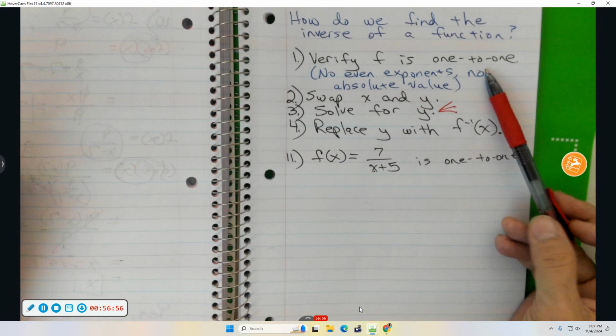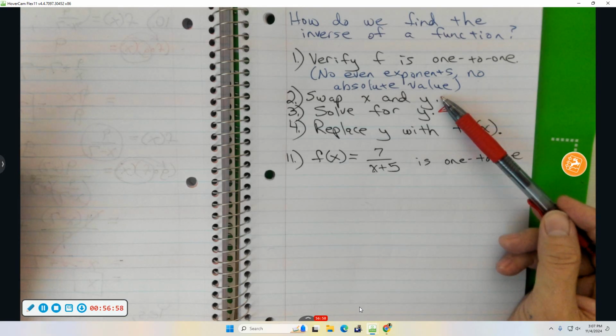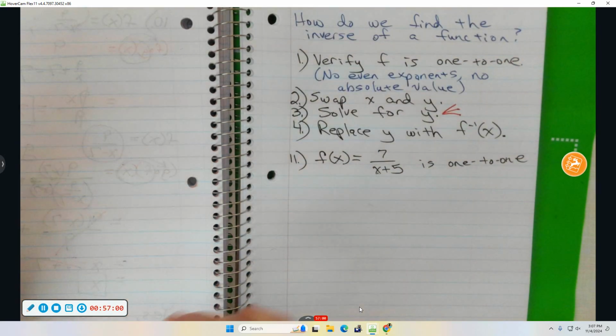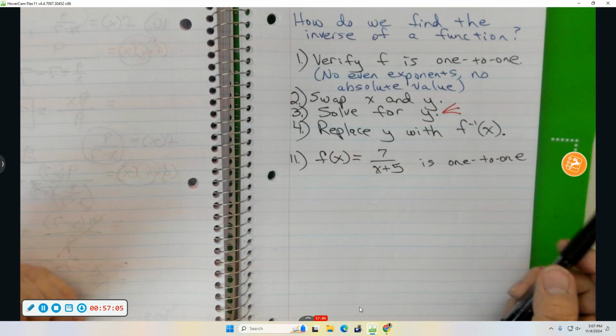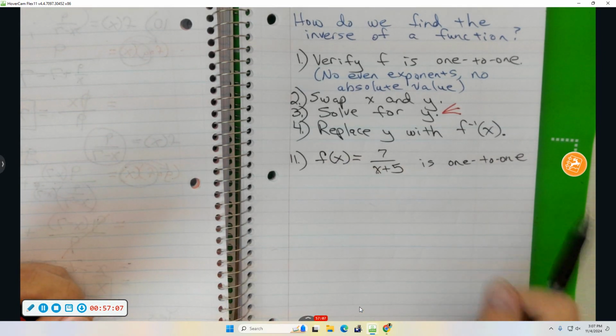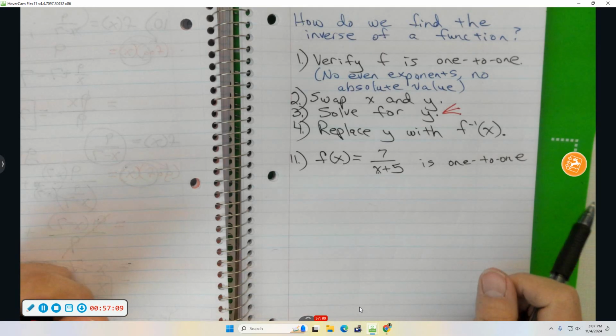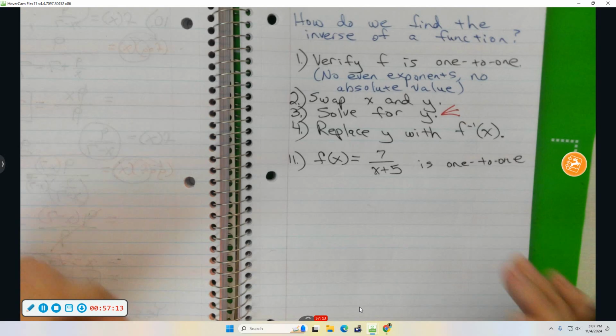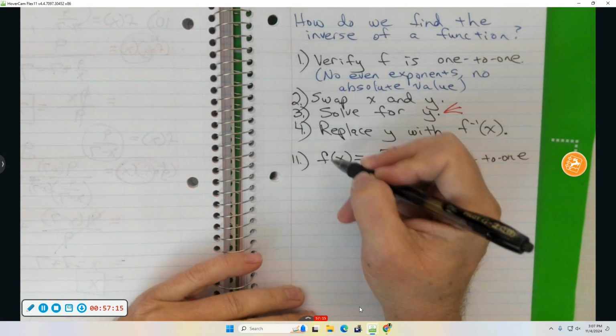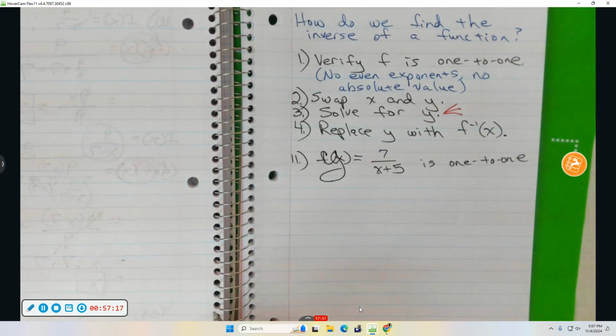We verified that it's one-to-one. Now we want to swap x and y. Wait a minute, I don't even see a y here. Look at this, there's not even a y appearing. What's acting like y? F of x is just a fancy way of saying y. So think of that as a y.